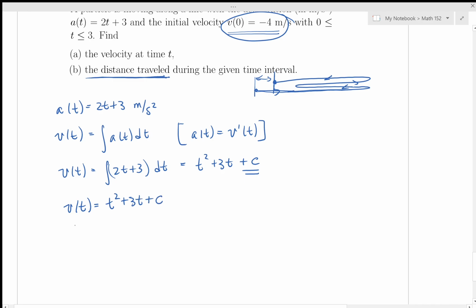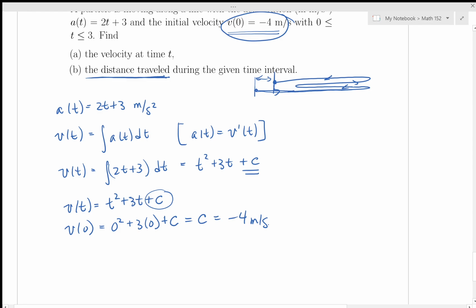So the velocity at time 0 is 0 squared plus 3 times 0 plus c, and that's equal to c. And then I'm told that the velocity at time 0 is minus 4 meters per second. That allows me to fix the constant, and by fix I mean set it to a specific number.